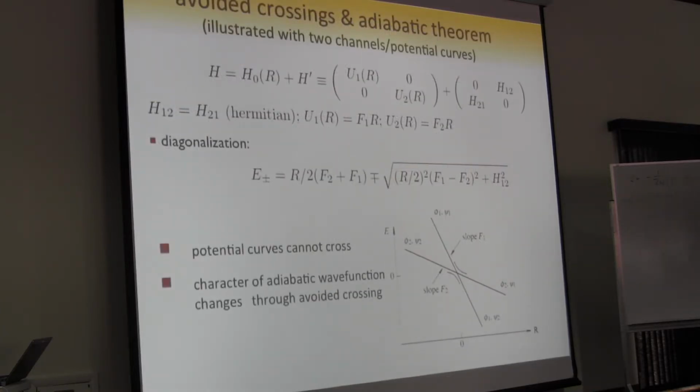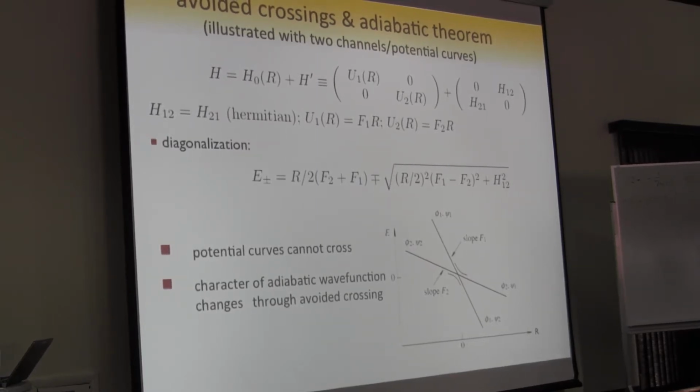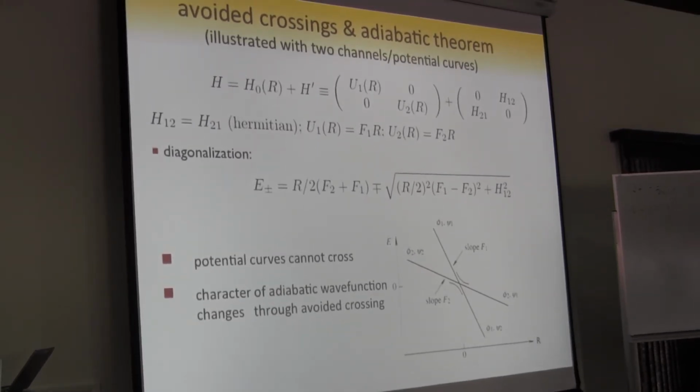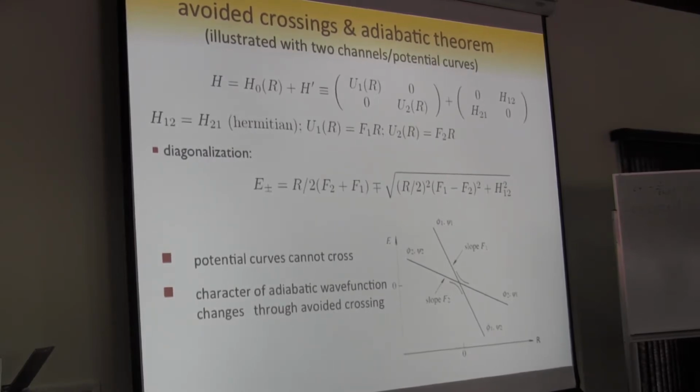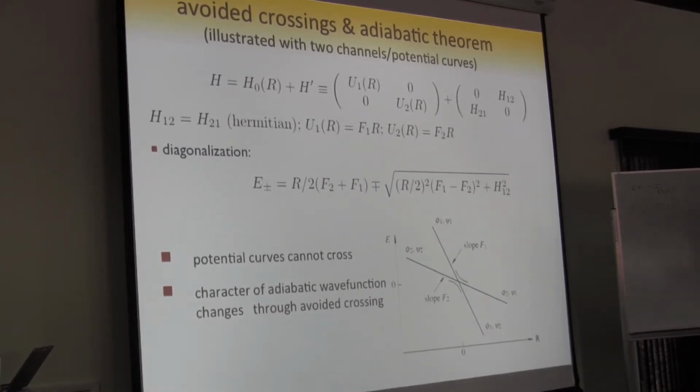And this we can understand relatively easily with the most simple model we can do. We just take 2 potential curves and see how they behave. It's such a basic problem that I decided I would discuss it a little bit with you.